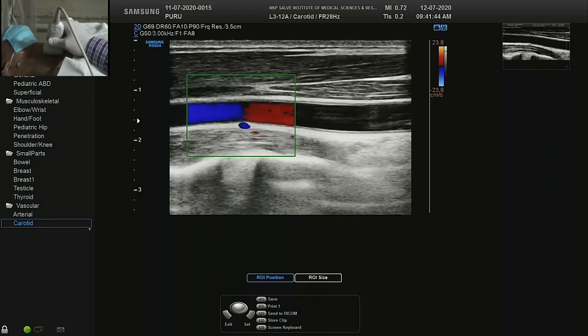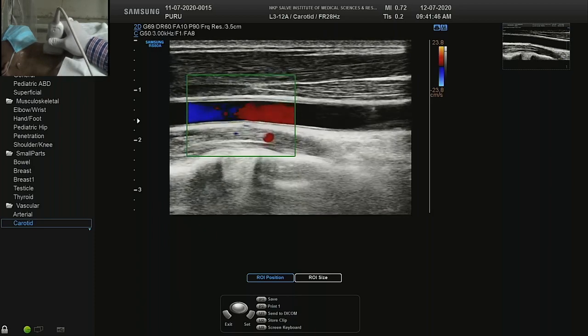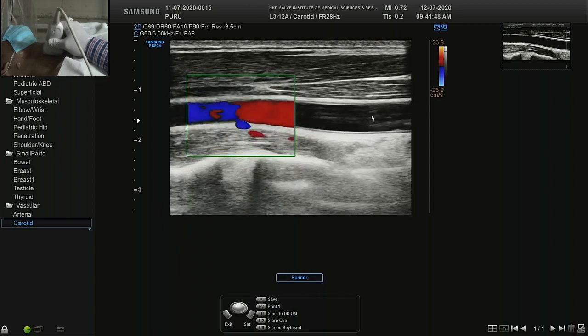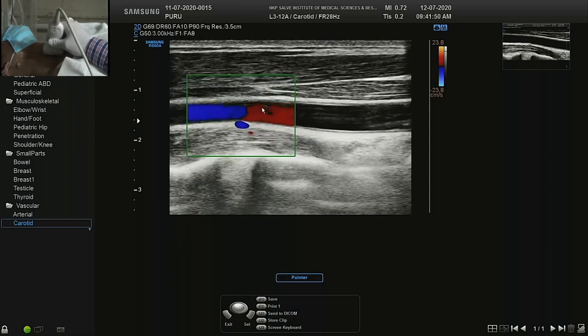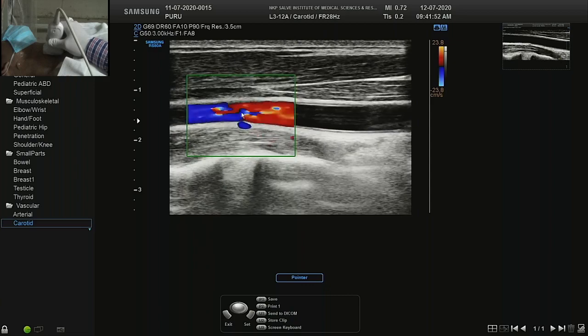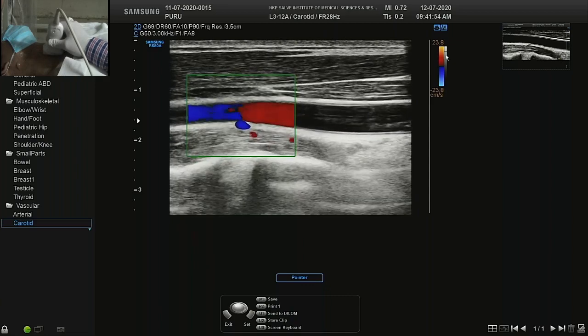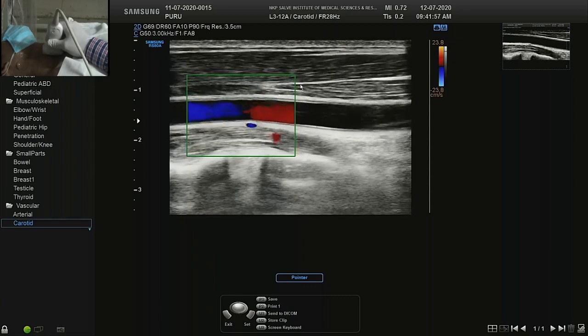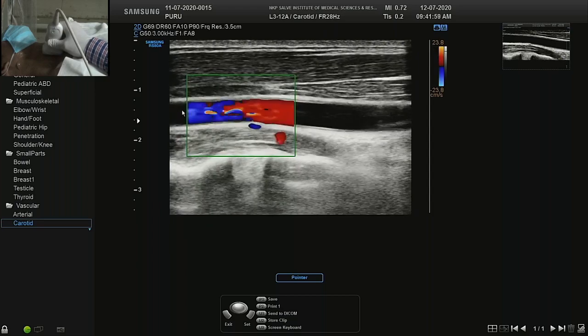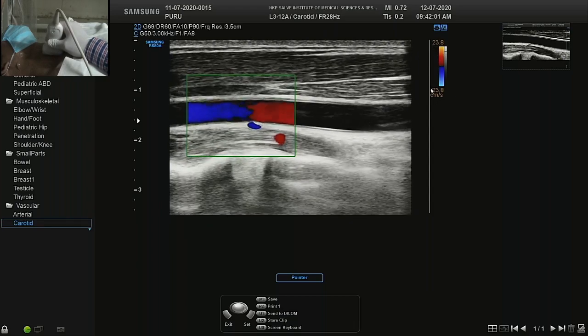I have kept color box vertical. So what is happening? From the heart till this point the blood is coming towards the probe and you can see it as red, and from this point blood is going away, so it is seen as blue.